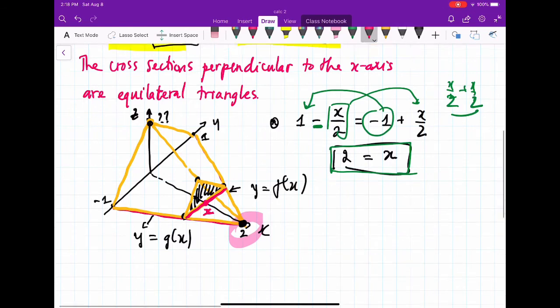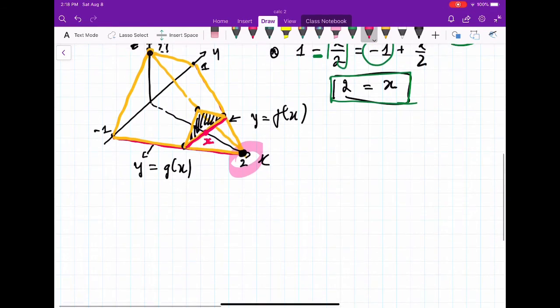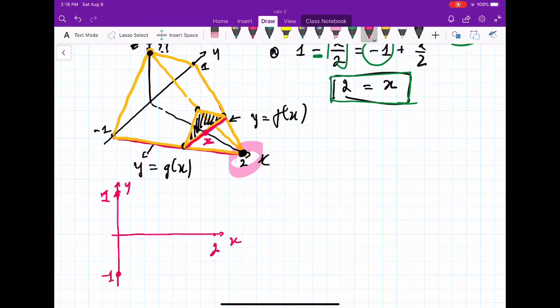So let's look at the picture on the xy plane. So you have the xy plane in here. This is y, this is x. Let's say you have 1 in here, and here you have negative 1, and here you have 2. You see? So this is your triangle.